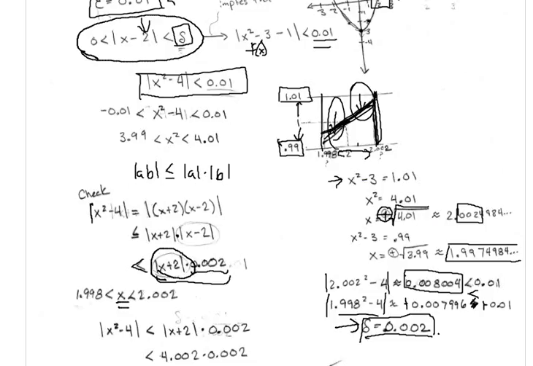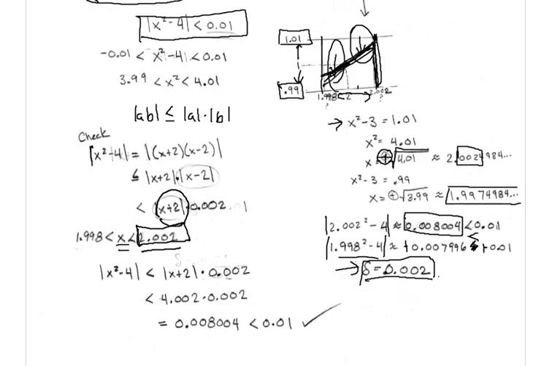So the maximum value, just by inspection, would have to be 4.002. That's the largest that this could possibly be. I take the largest number that I can get out of this, which would occur when I put 2.002 into it. 2.002 plus 2 is 4.002. And that would be the biggest that this could possibly be.